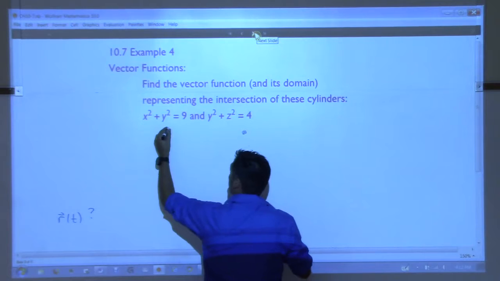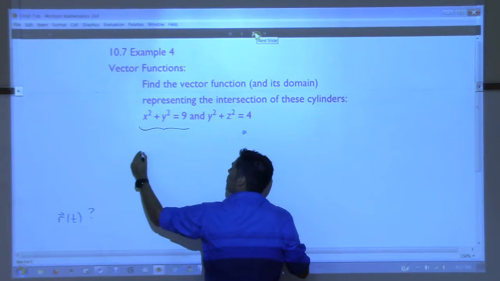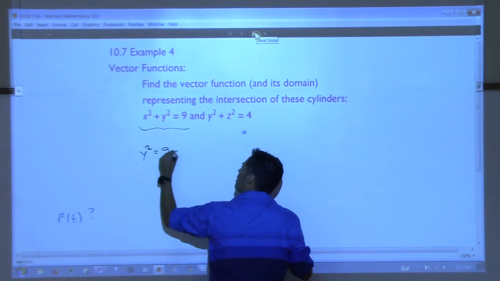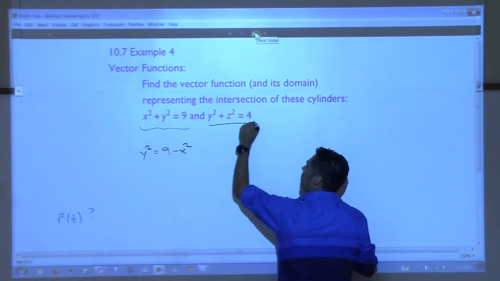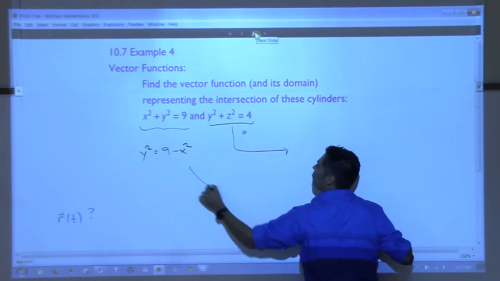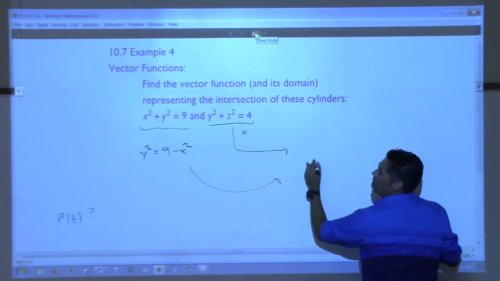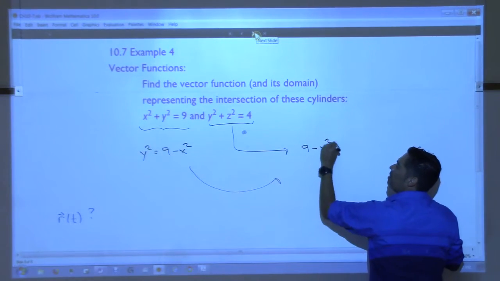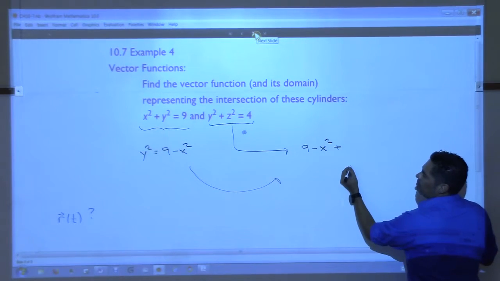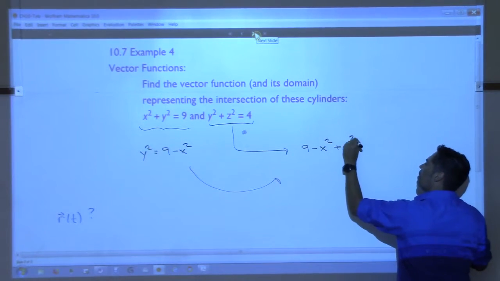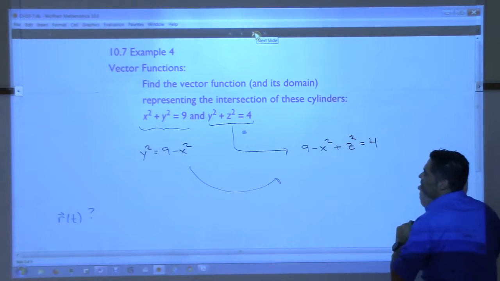Okay, so let's solve this one for y squared. The y squared equals 9 minus x squared. We're going to go ahead and take that and plug that into this one over here. I know that looks ridiculous, but y squared is 9 minus x squared, plus z squared, equals 4.